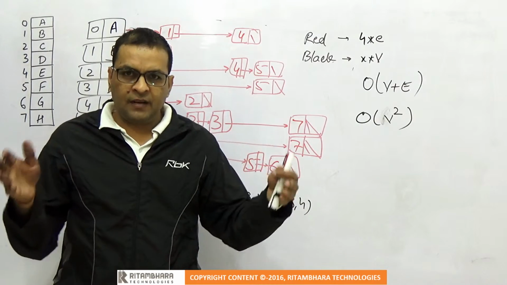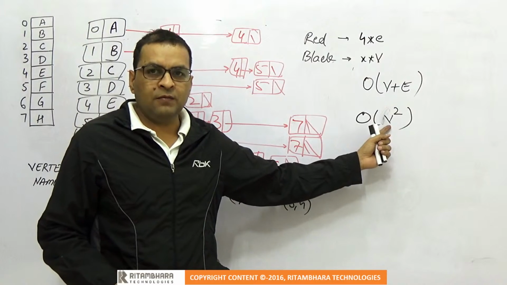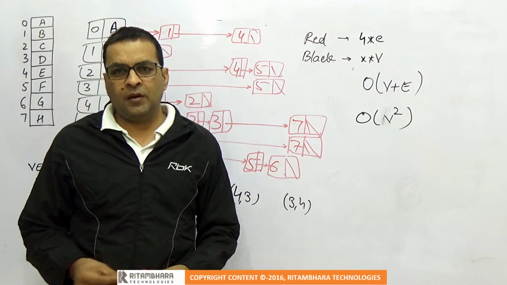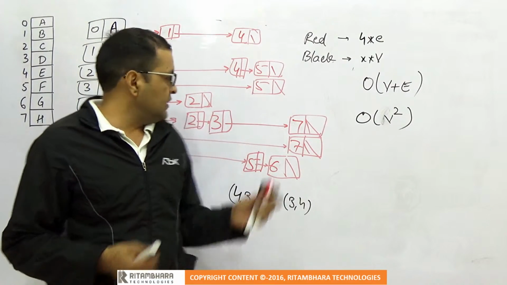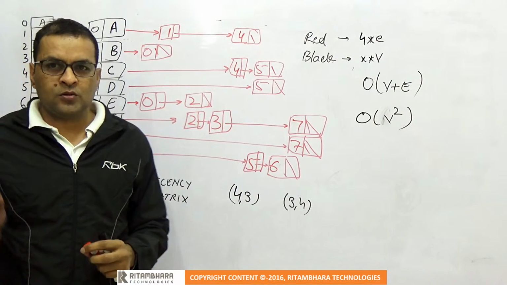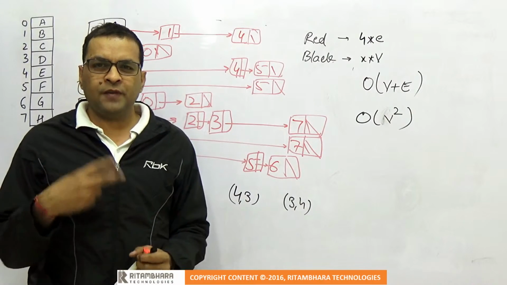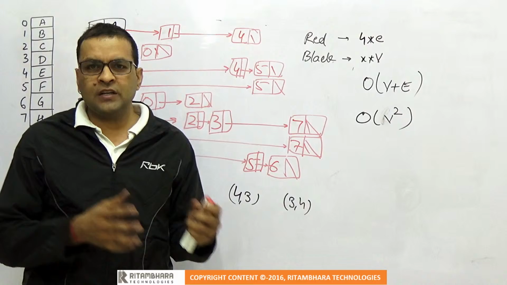If each and every node is connected, then the number of edges will be on the order of n square itself. So we don't gain anything in terms of memory, right? But in the typical case, we are gaining a lot because the total memory consumption has reduced substantially. Alright?